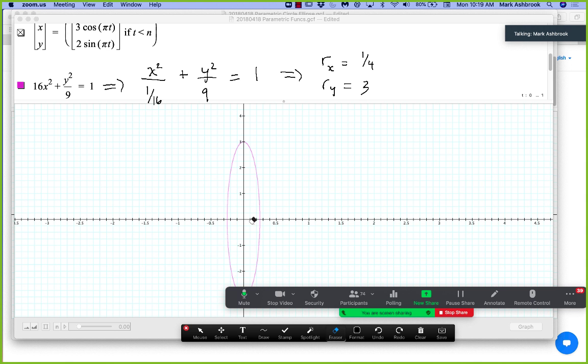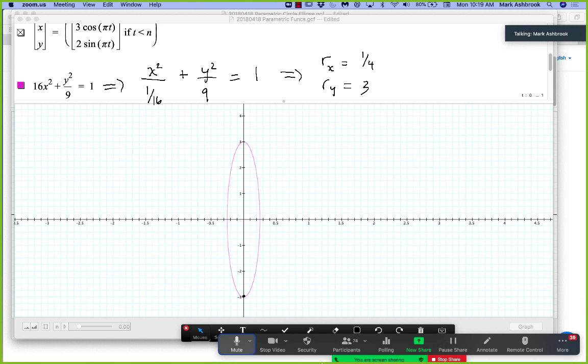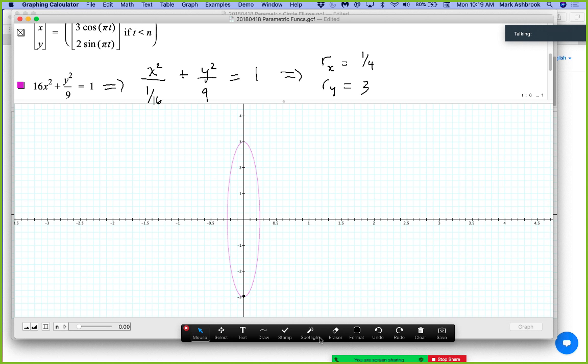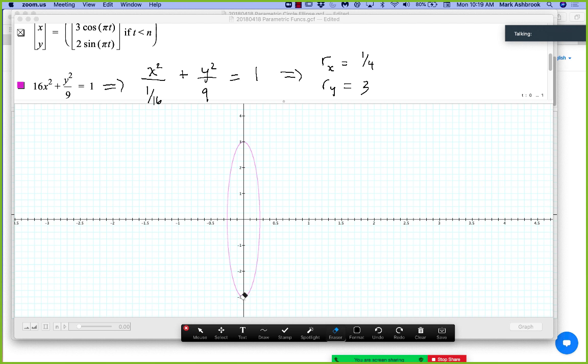So the question now is, we want to write the function for this ellipse as a parametric function.